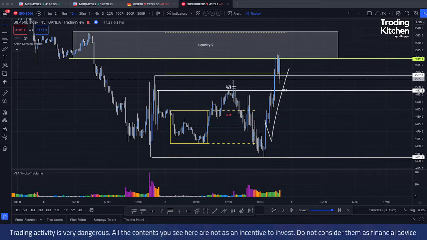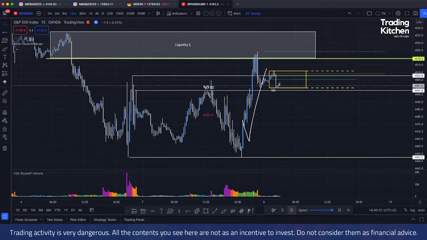I basically trade all the US indices, so S&P, Nasdaq, US 30, and also DAX. In one of these four assets, you can be pretty sure that you can have at least one trade using this strategy. Okay, so let's move on.